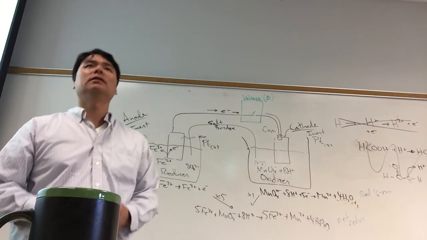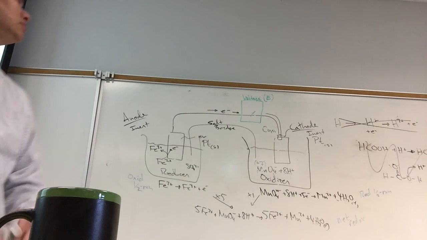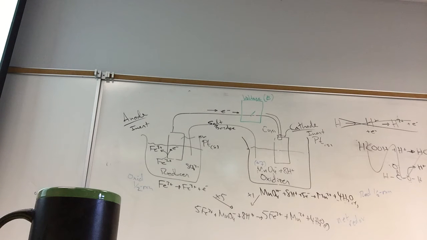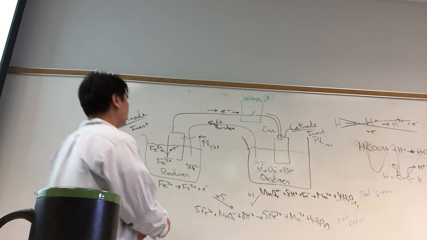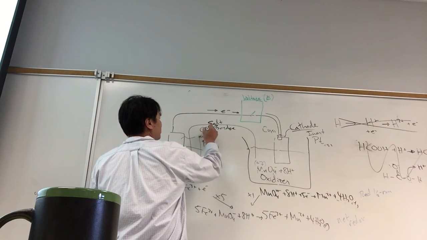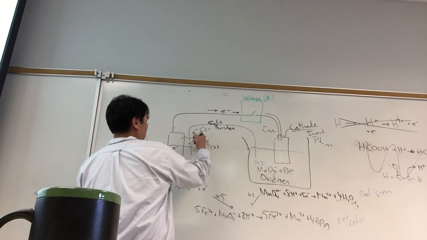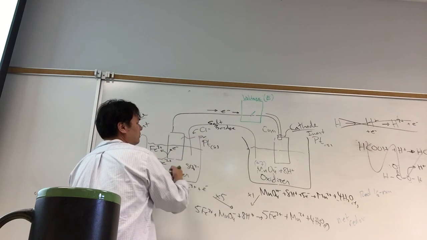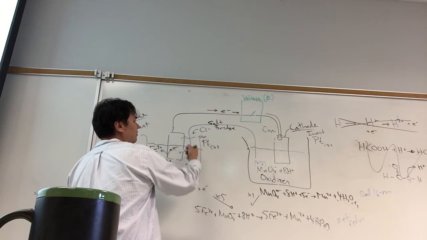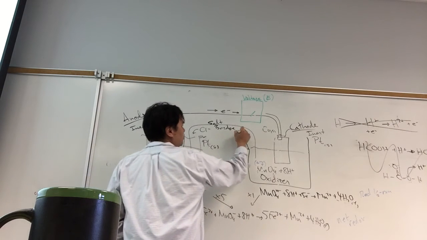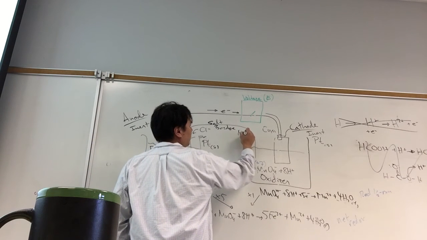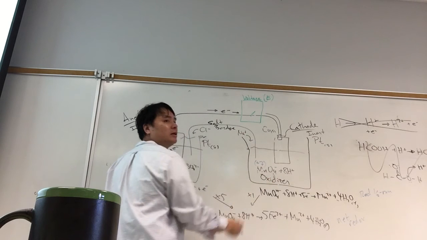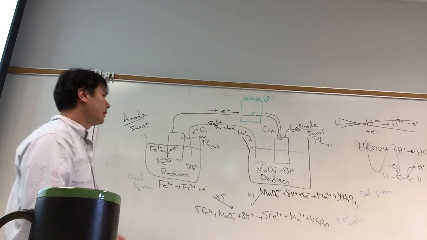So tell me what an inert salt that you might use for this particular reaction. NaCl would be good, because, for example, the chlorides would migrate to the anode. Chloride and iron 2, nothing. Chloride and iron 3, nothing. Chloride and sulfate, nothing. Chloride and platinum, for sure, nothing. And then the sodiums would migrate to the cathode. The sodiums aren't going to react with anything here.